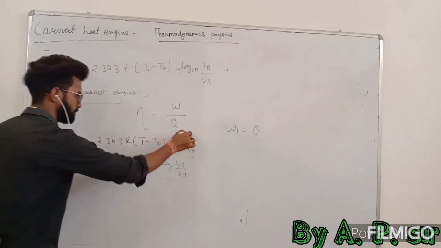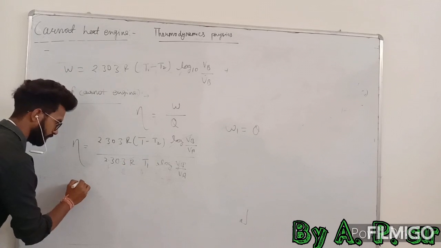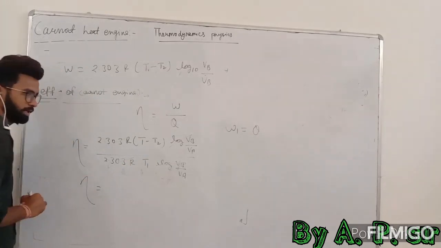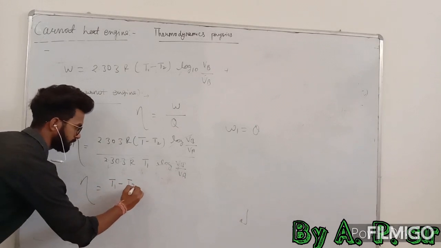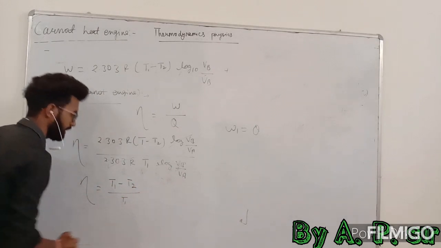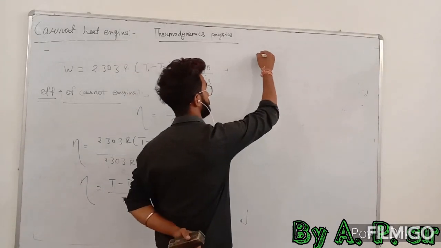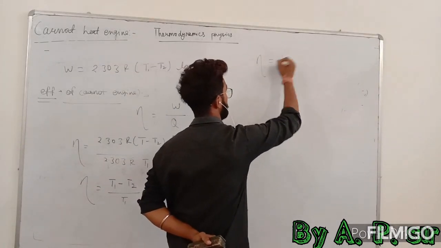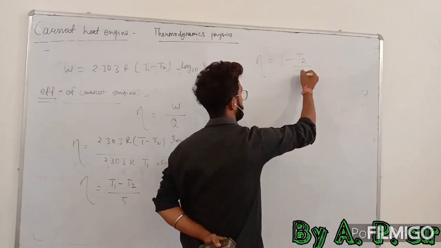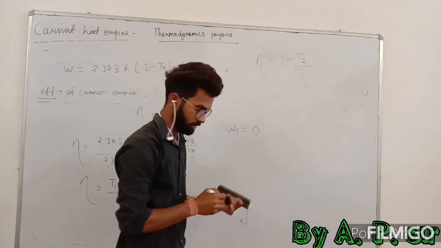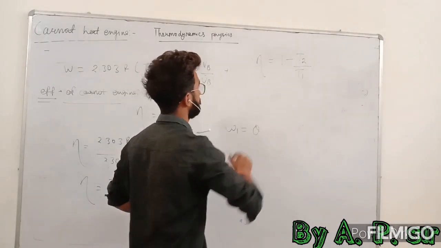This cancels out, and the value of eta equals (T1 minus T2) upon T1. Then eta equals 1 minus T2 upon T1.